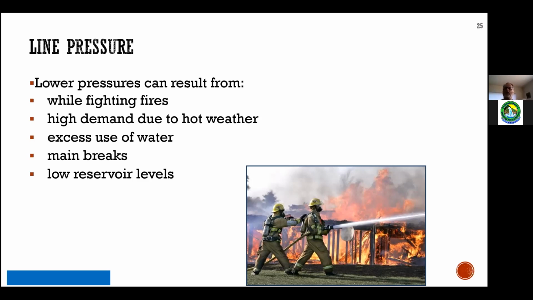Obviously, we want our fire departments to have adequate head or adequate pressure to be effective in fighting a fire and putting out emergencies that might pop up. But depending on what time of day or time of year, that amount of flow going through one or multiple fire hoses can drop the energy, and there could be areas of the system that have no water while a fire is being fought.